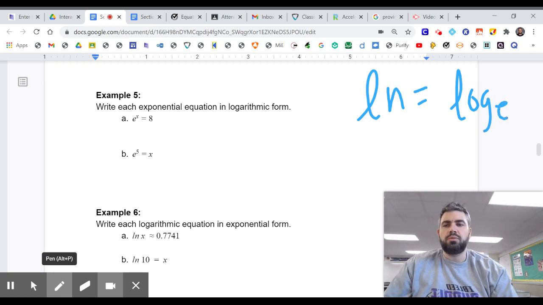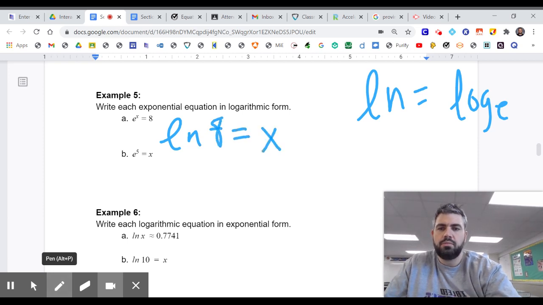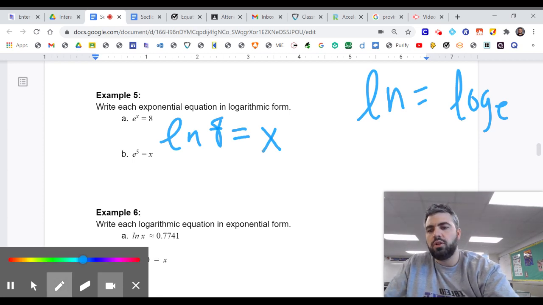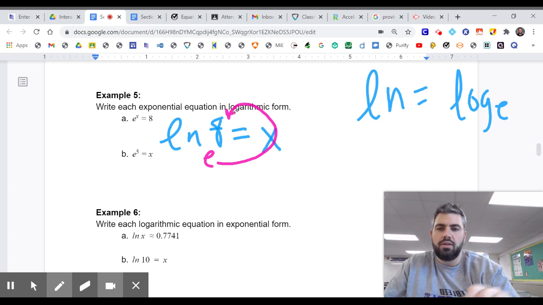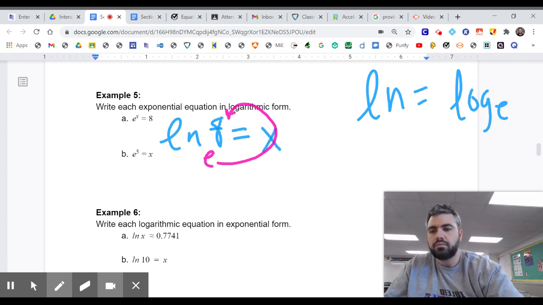So this one is going to be log base e of x equals 8, which is ln of 8 equals x, because if we think about our loop rule like we did in the last video, e to the x equals 8. So we can always check our answer. This is saying ln of 8 equals x.